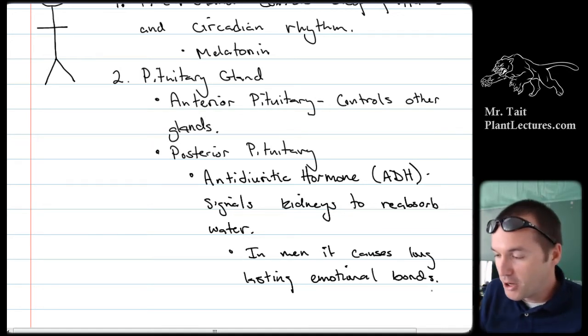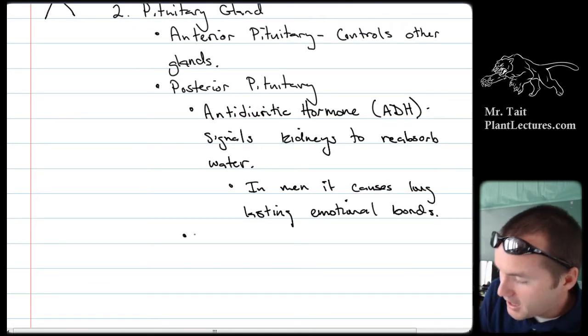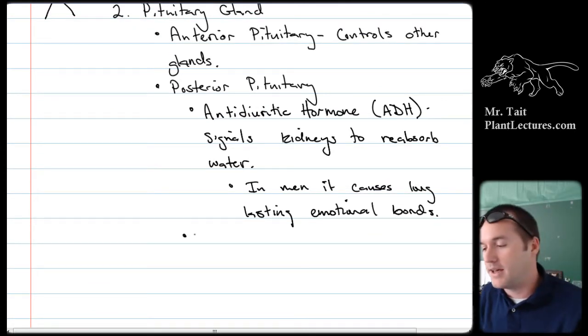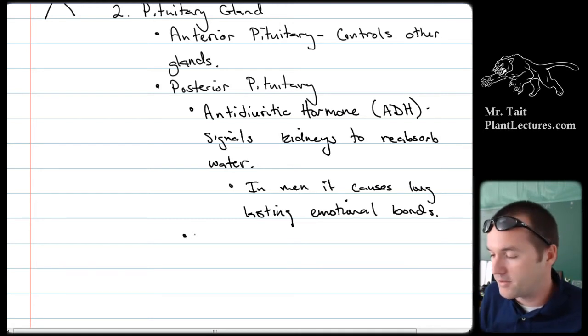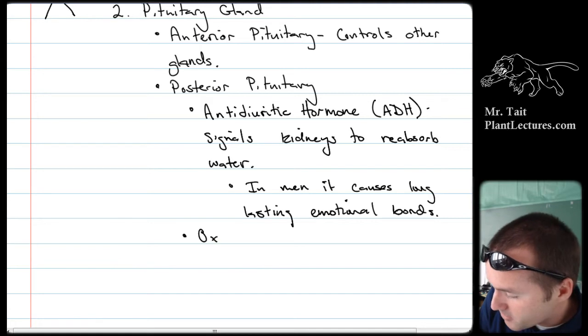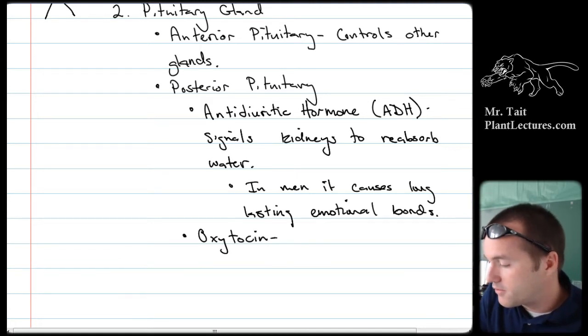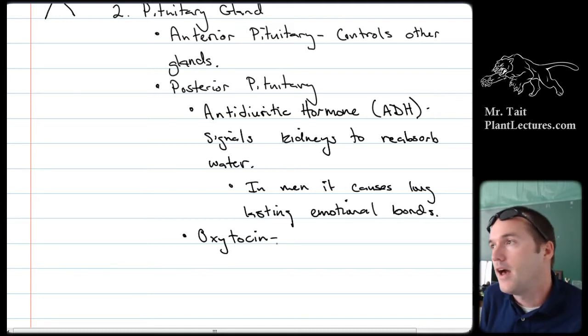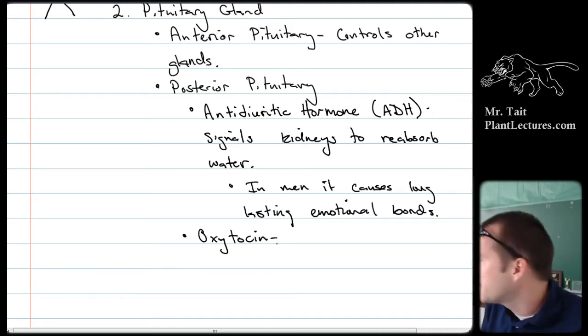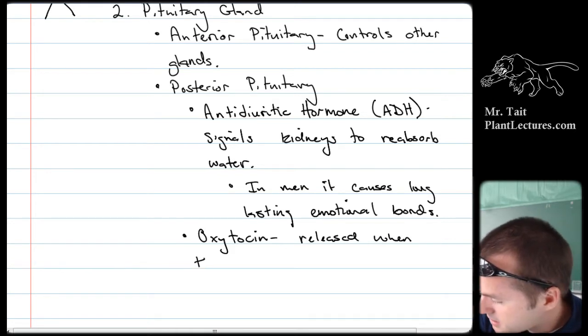All right. So the other thing that's released by the posterior pituitary gland is, and this ADH doesn't really work in females. It has very little effect, okay? But in females, there's another thing that does, called oxytocin. We've talked about oxytocin before. Oxytocin is released when the uterus contracts.